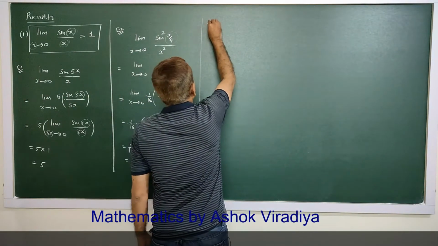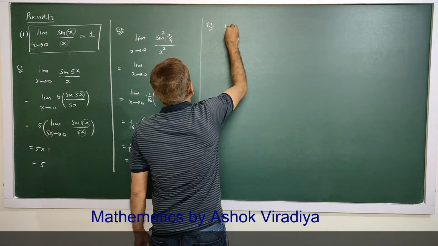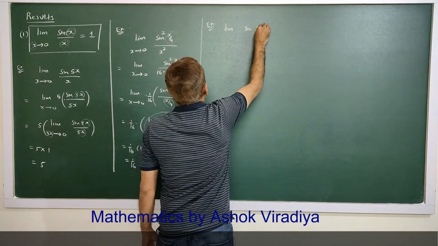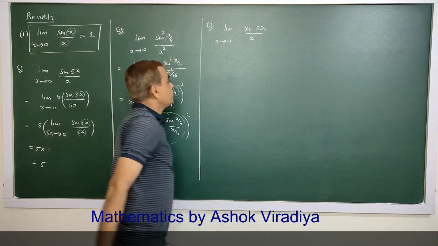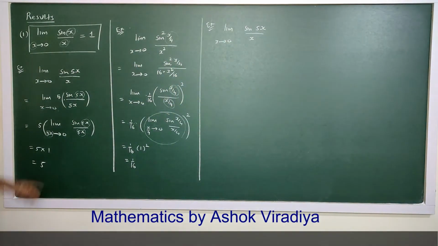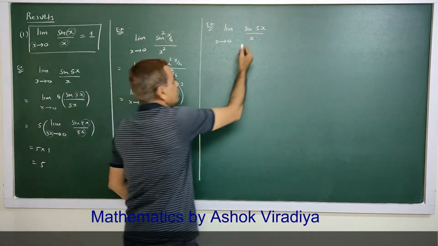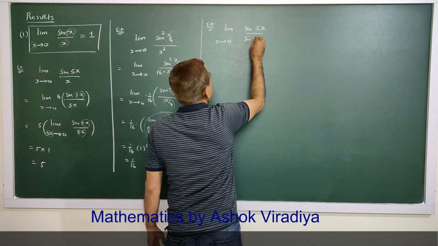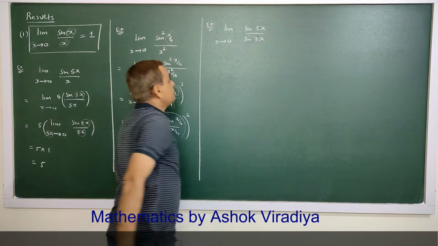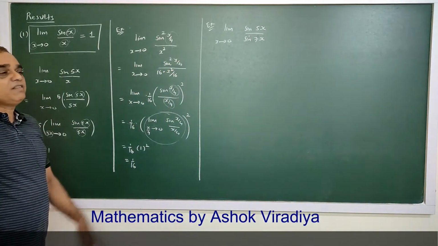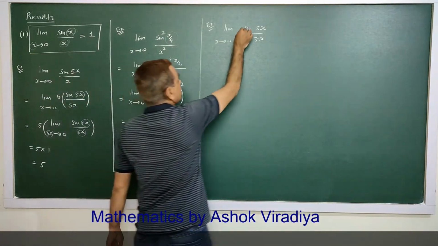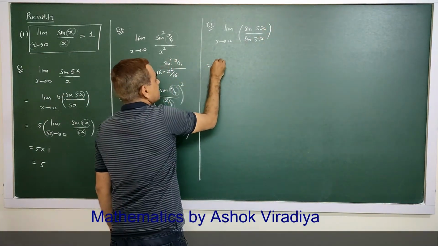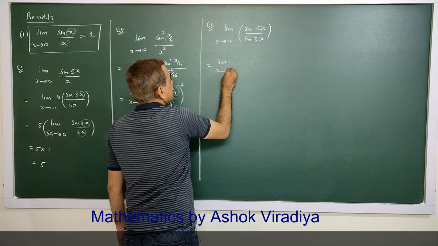The limit of sine of 5x upon x, x tends to 0, is already done. Suppose I put sine of 7x here. We want the limit of this function. Now see, the limit x tends to 0.